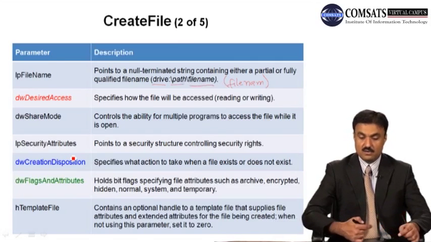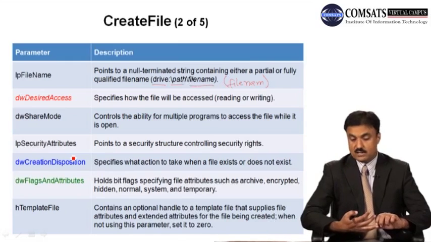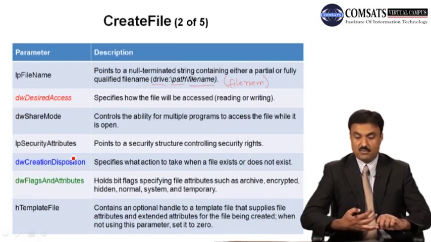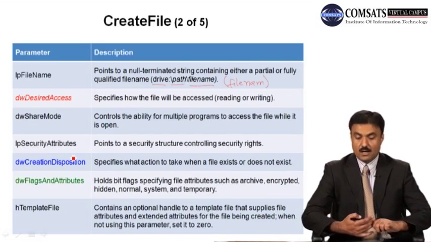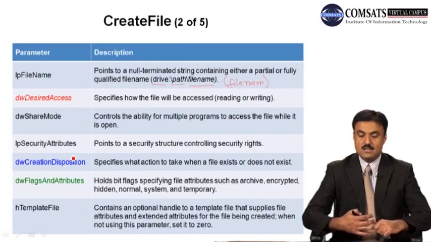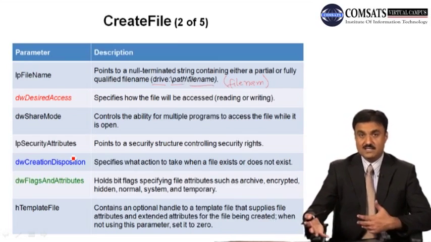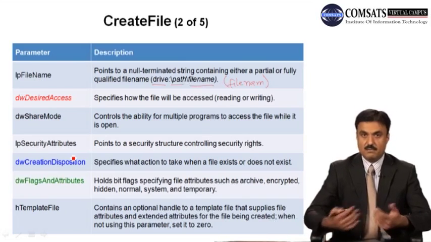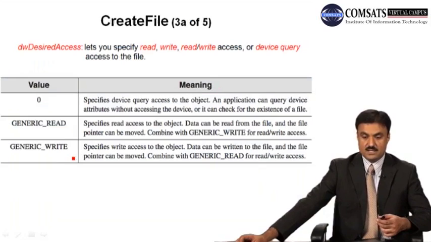So there can be flags for like either the file is hidden, normal, system, temporary, encrypted, or maybe archive and so on. And then the last one is called the template file. This can contain an optional handle to a template file that supplies the file attributes. Meaning one file is already created, so you can use the template of the same file for the new file when you are creating it.